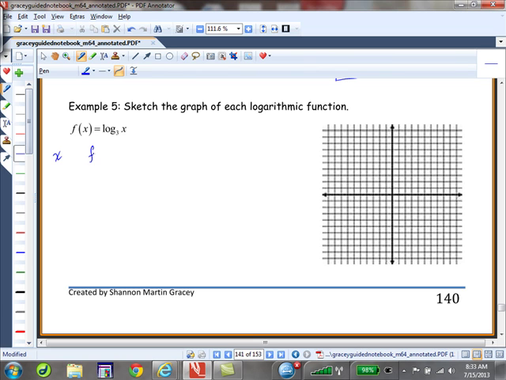I have f at x equal to log base 3 of x, which means the power to which we raise 3 to get x. Our ordered pairs will be in the form x, f at x.